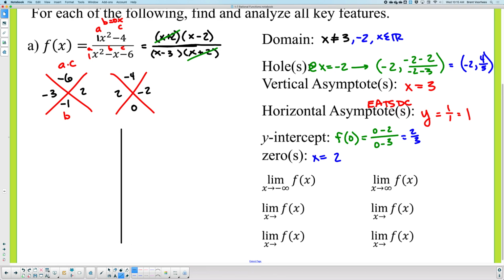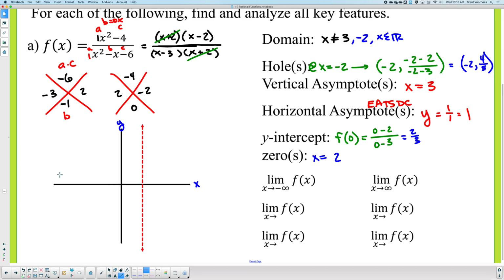Add yourself an x-axis and a y-axis. I'm going to do the vertical asymptote first. The vertical asymptote occurs at 3. So I'm going to just assume this is about 3 right here.